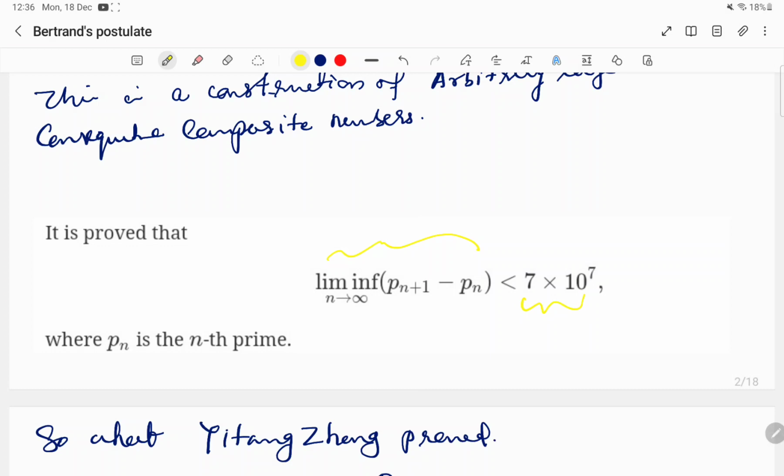So what is the meaning of this one? I am not going into the whole concept of limit inferior, but it is something related to consecutive primes, right? So the meaning is very simple.